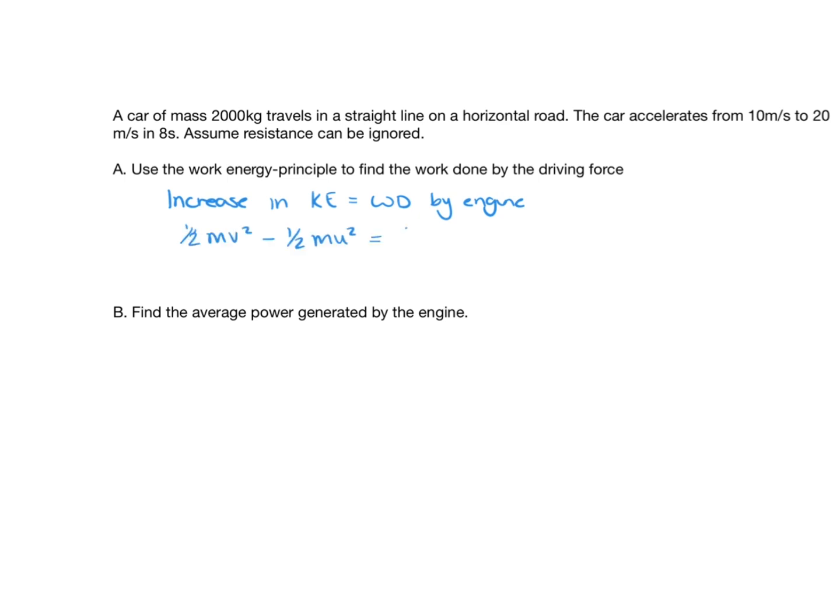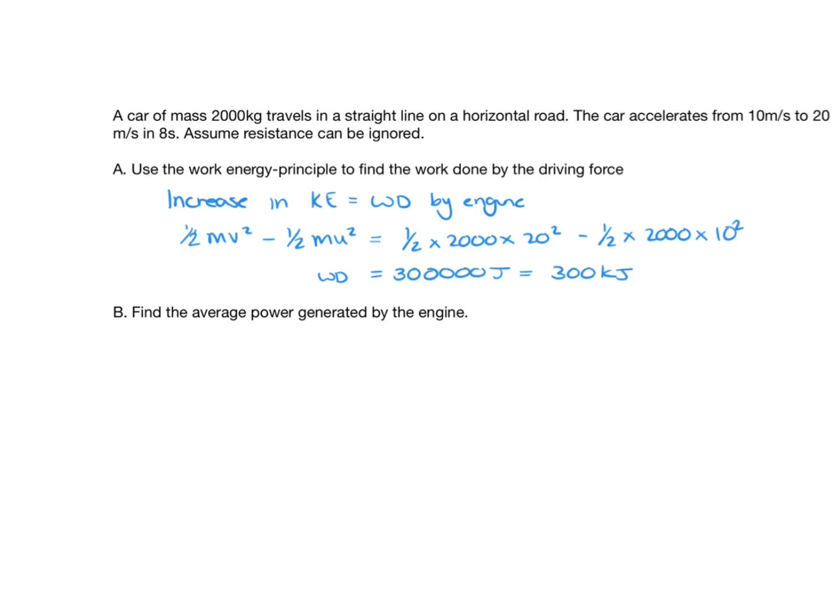So to start off, we have a half multiplied by our mass, which is 2,000, multiplied by our final velocity, which is 20. And then we're going to subtract our half times 2,000 times 10 squared. That's our initial velocity. And if we pop that into our calculators, this is going to give us a work done of 300,000 joules or 300 kilojoules.